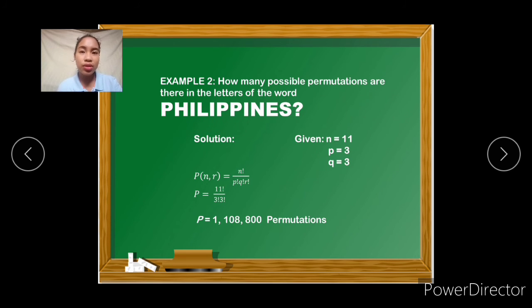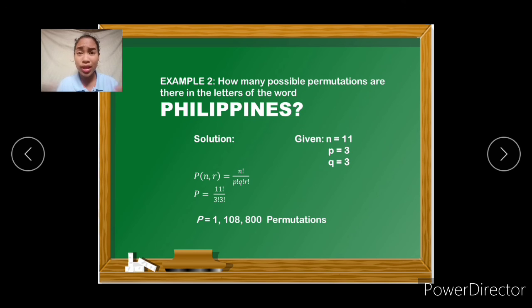So substitute all the given. We have permutation of n objects taken r at a time is equal to n factorial over p factorial, q factorial, r factorial. So our P is equal to n factorial, which is 11 factorial, over 3 factorial times 3 factorial.